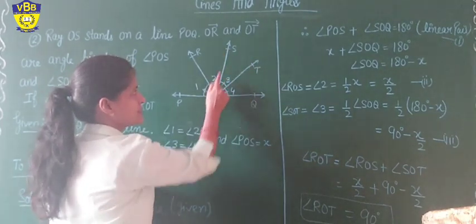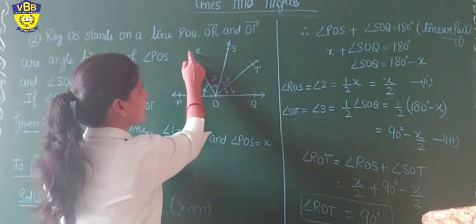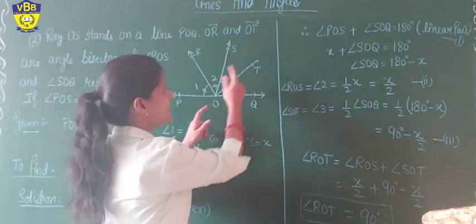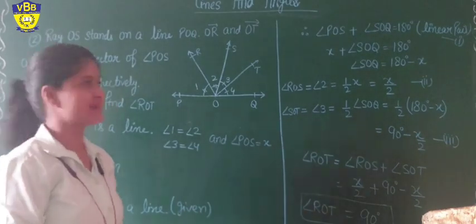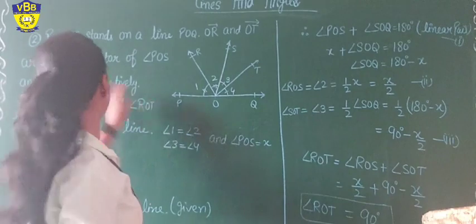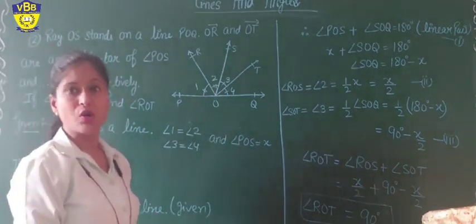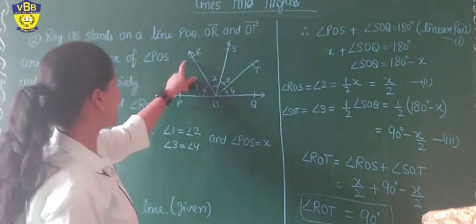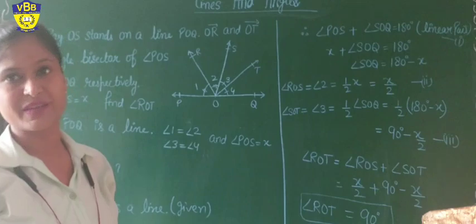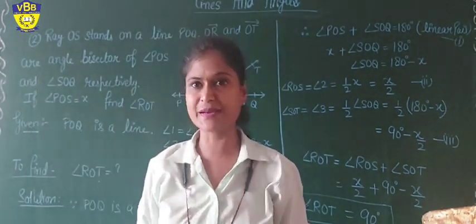This ray stands on POQ, and OR and OT, these two rays, are the angle bisectors of angle POS and angle SOQ respectively. Find the value of ROT. What will be the value of ROT? Let me explain this concept once more.